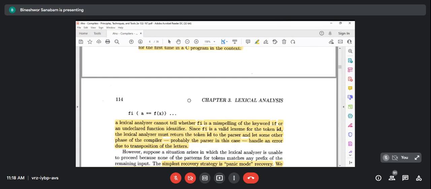And if there is no declaration of fi in the previous lines of code, then we know that it is a misspelling, or that this is going to generate some error. Okay.